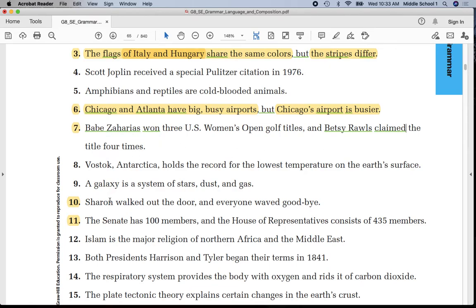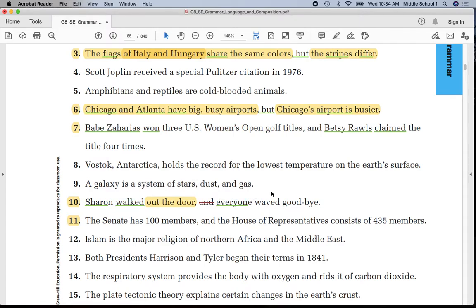Number 10. Out the door, prepositional phrase. Here's my conjunction: and. Underline Sharon once, walked twice.